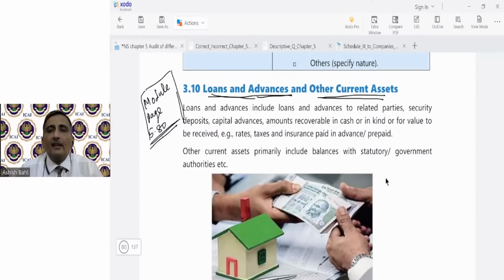Obviously, short term loans and advances are those which are expected to be realized within a period of 12 months. These are given for short term purposes. These may be advances to related parties, or loans and advances to non-related parties, or advances given in the normal course of business.